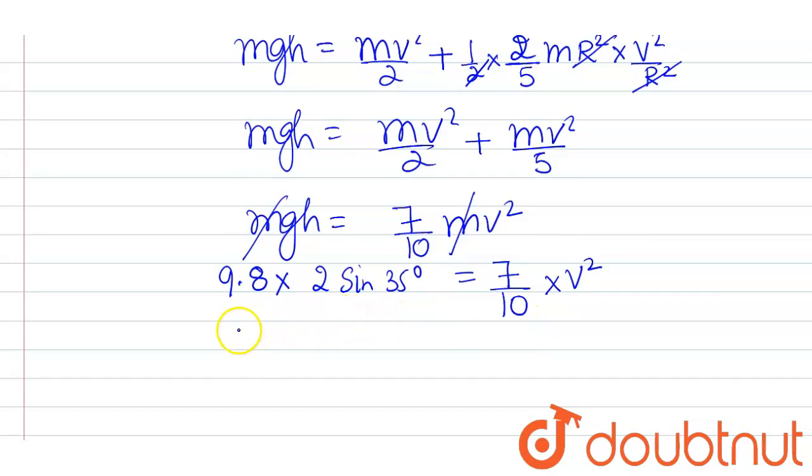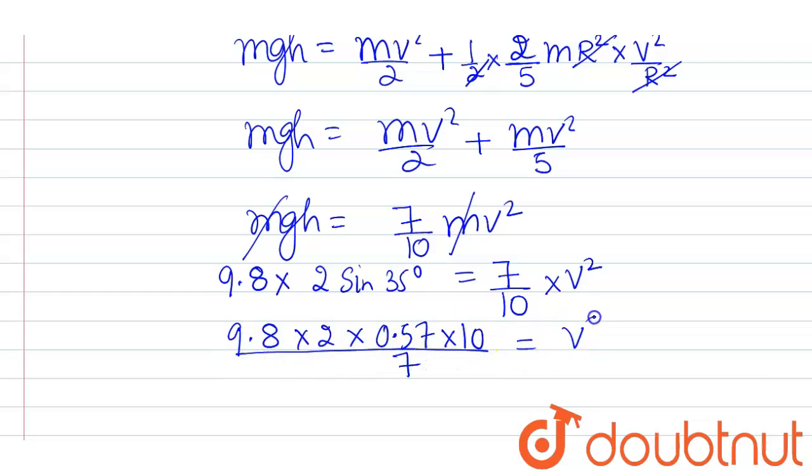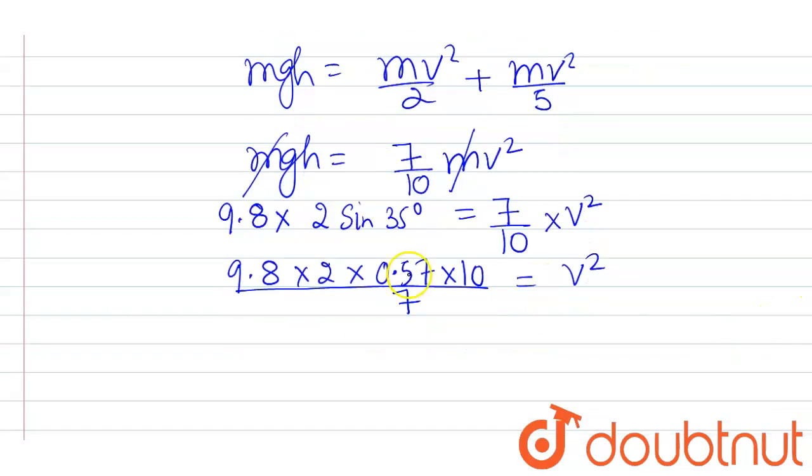So on cross multiplying here, 9.8 into 2 into 0.57 into 10 upon 7 is equal to v square. So cancelling 7 with this here, we get 1.4.